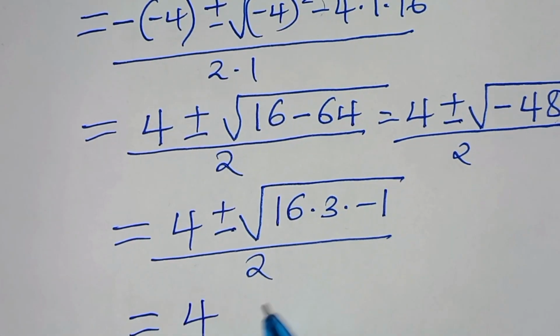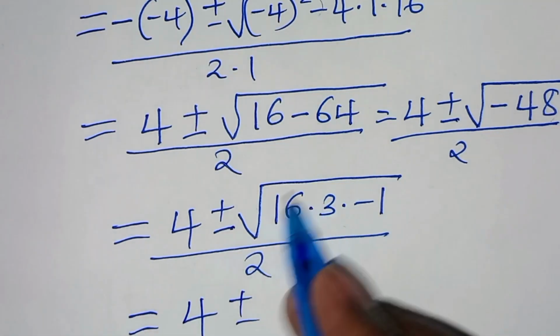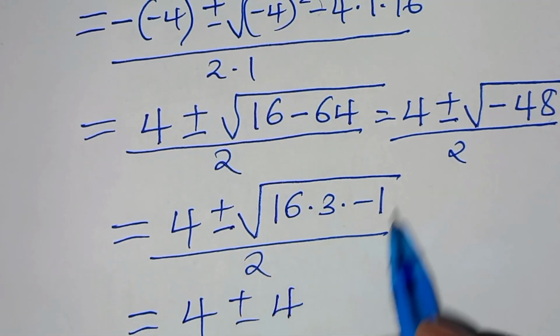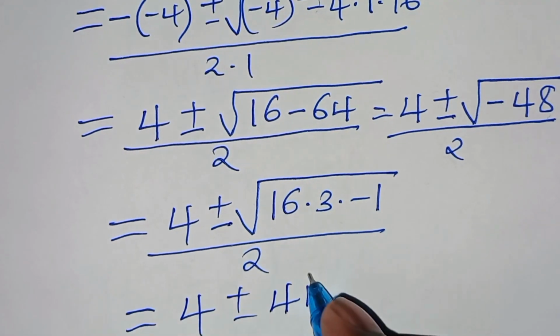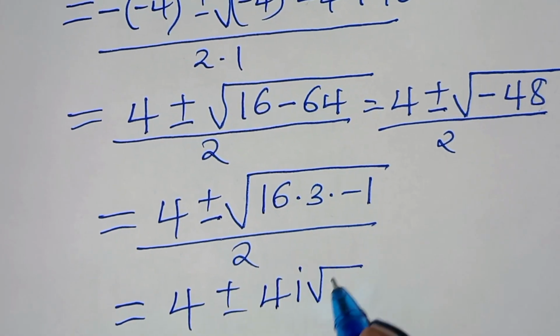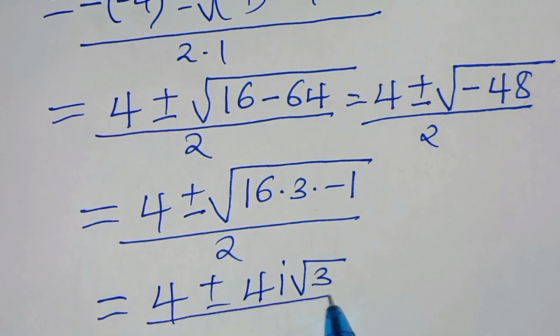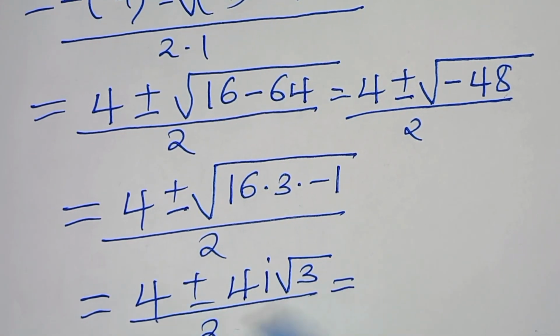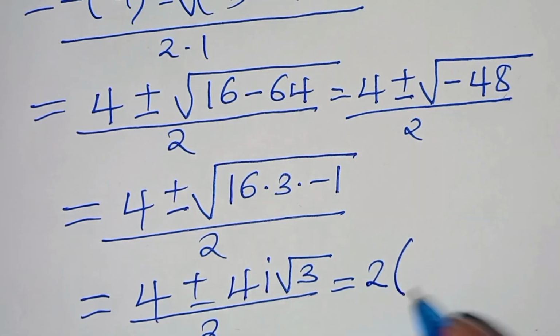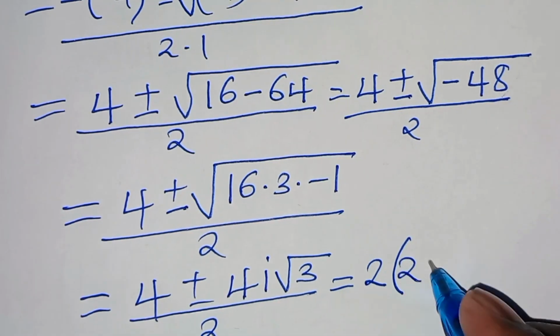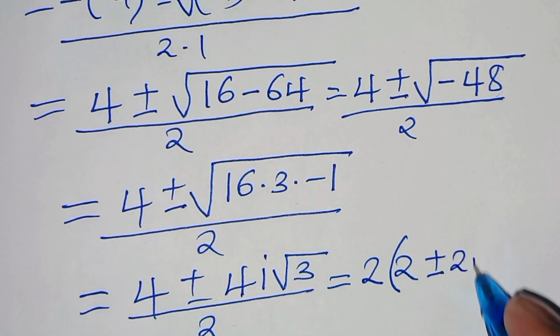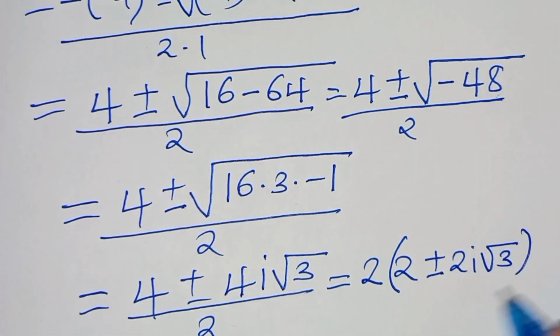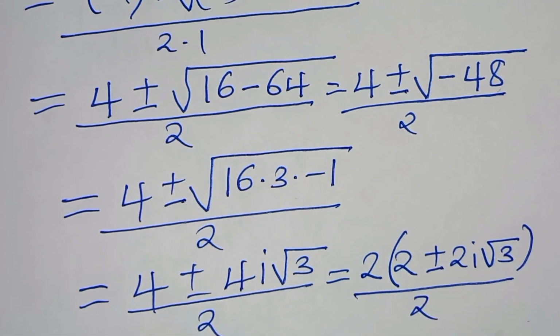So here we have 4 plus or minus the square root of 16, which is 4, the square root of minus 1, which is i, then the square root of 3, divided by 2. So we can factor out 2 here, so we have 2 into the parentheses: 2 plus or minus 2i square root of 3, divided by 2.